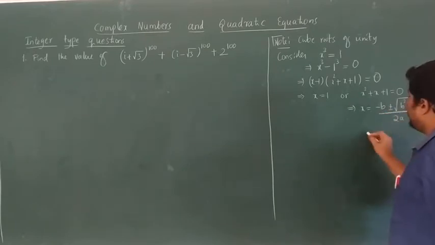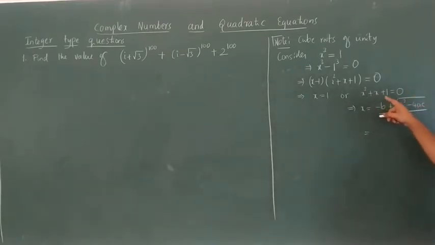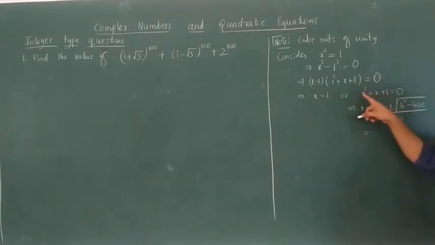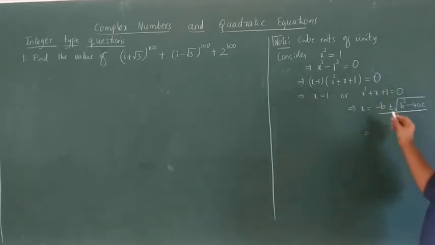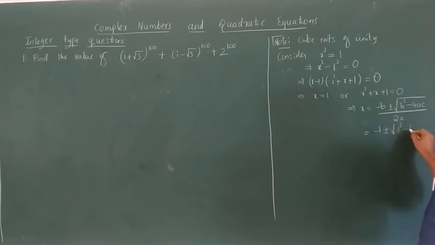Now compare this equation with ax square plus bx plus c equal to 0. You get a is equal to 1, b is equal to 1 and c is equal to 1, isn't it? Substituting all those values, you get minus 1 plus or minus root over 1 square minus 4 into 1 into 1, whole divided by 2 into 1. I hope you have understood up to here.